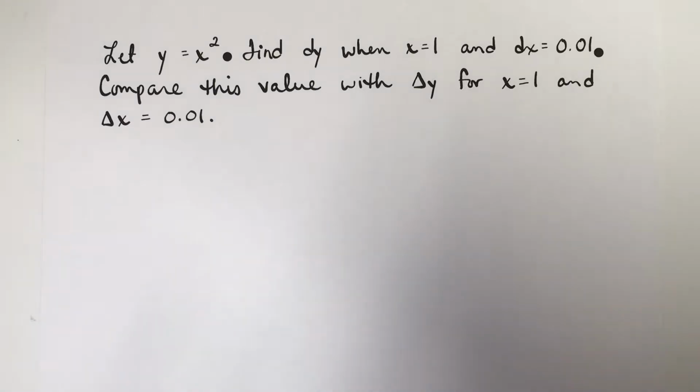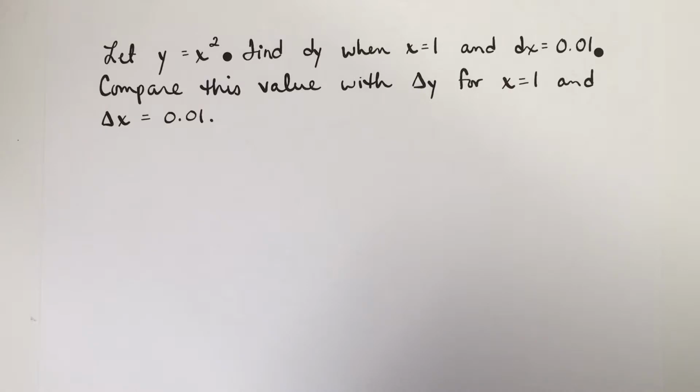And as it states, you're asked to find dy when x is equal to 1 and dx is equal to 0.01. Compare this value with delta y for x equal 1 and for delta x equal to 0.01.